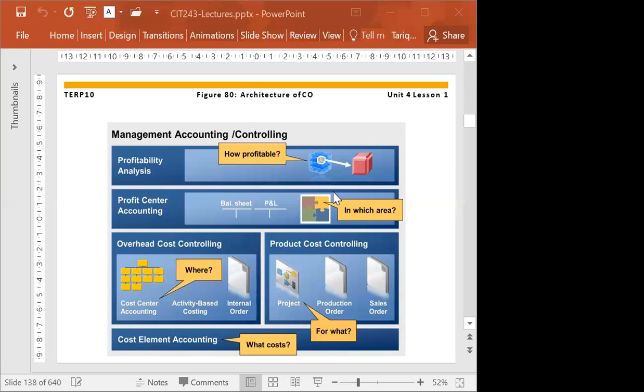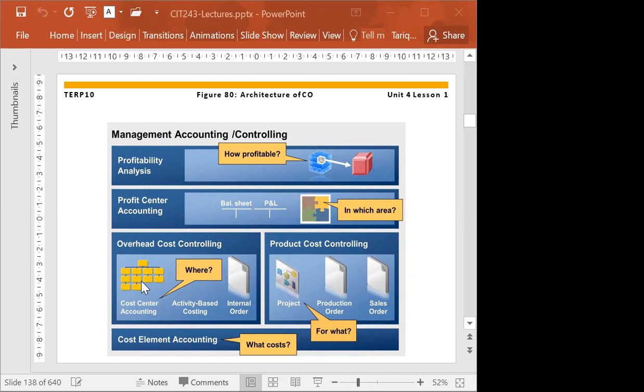Then, for example, we are also getting data from human resource, the payrolls. Payrolls are posted to the cost centers, or to an internal order. Here you have the cost centers, and any activity happening on this is also transferred to the management accounting.